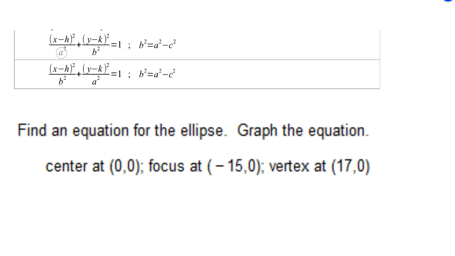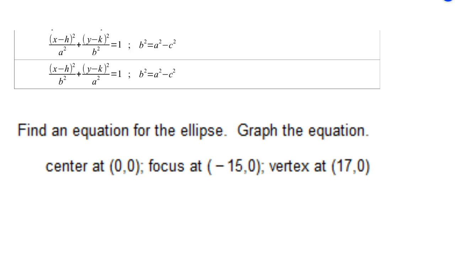The a is the distance between the center and the vertex along the major axis. B is the distance between the center and the vertex along the minor axis. A is always larger than B. And then we have this value of C, and C is the distance between the center and the focus.